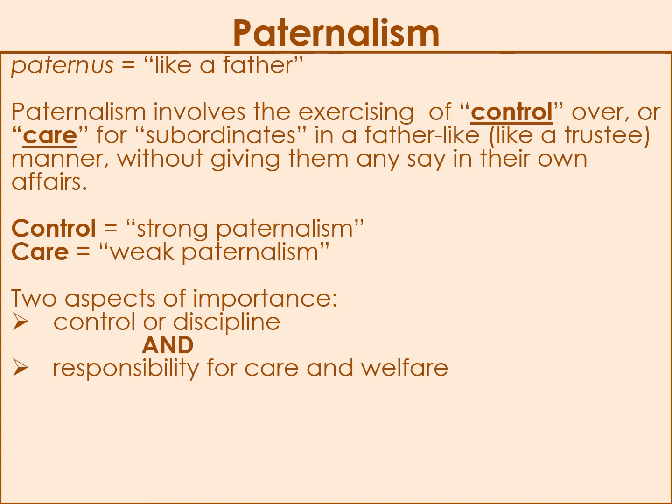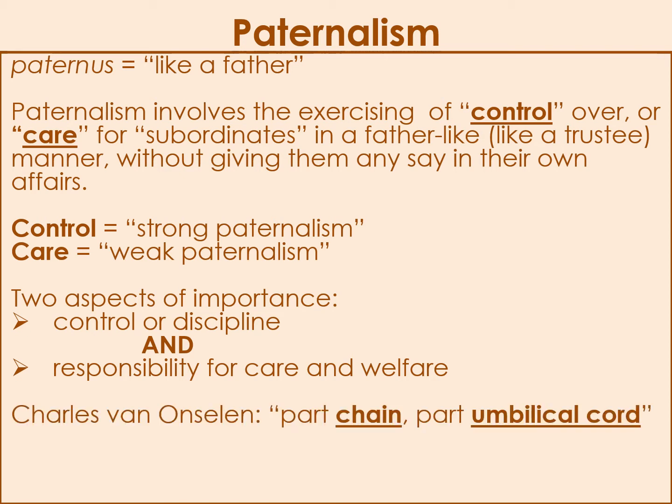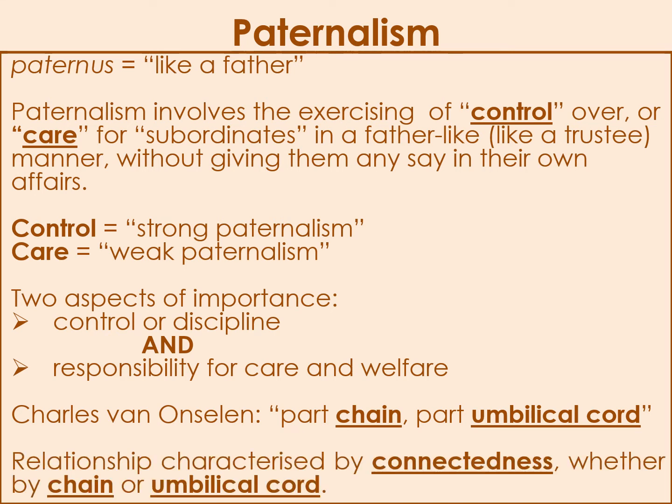The social historian Charles van Onselen describes these two seemingly contradicting components of paternalism very accurately and appropriately as part chain, part umbilical cord. The relationship is thus characterized by connectedness, whether by chain or umbilical cord.